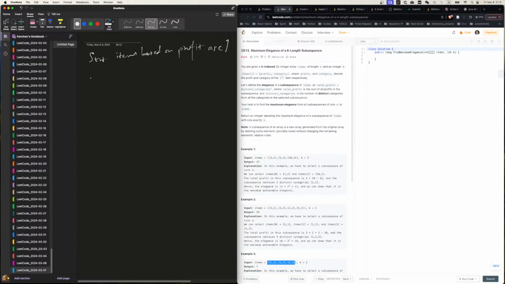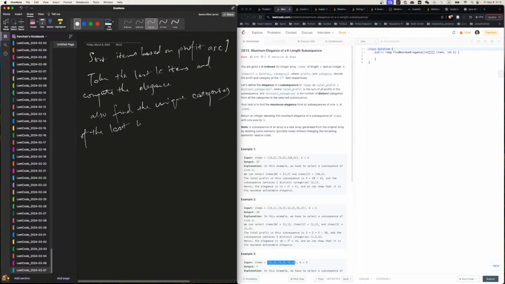After sorting, we take the last k items and compute the elegance of the last k items. Also we find the unique categories of the last k items.